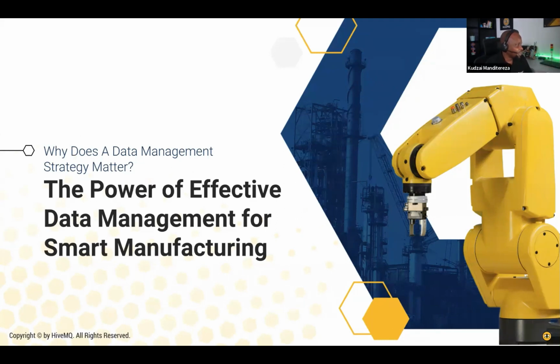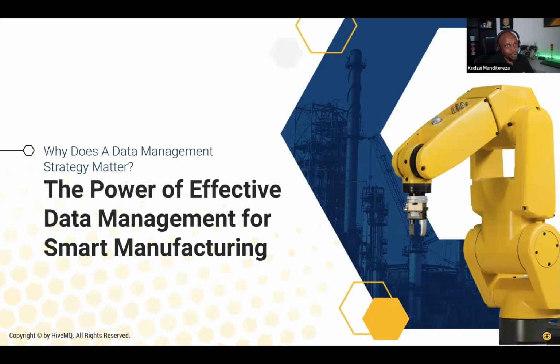And a key part of talking about this topic is discussing why data management matters, why it's important to have a data management strategy.